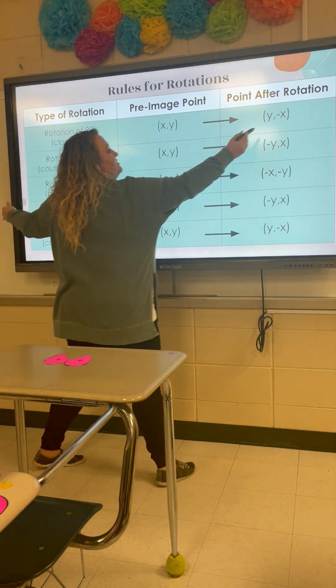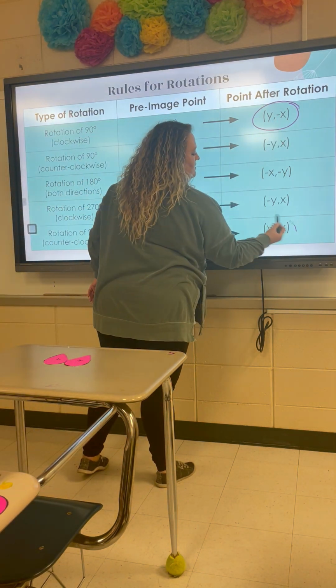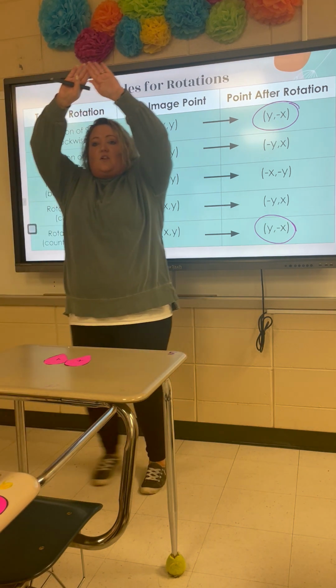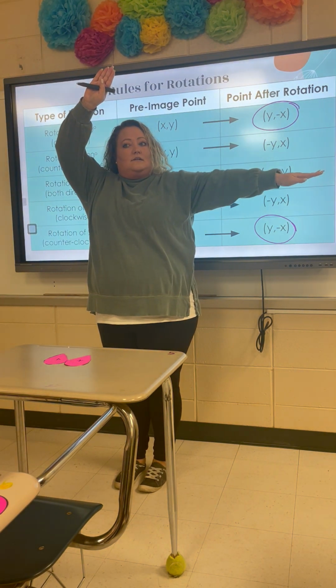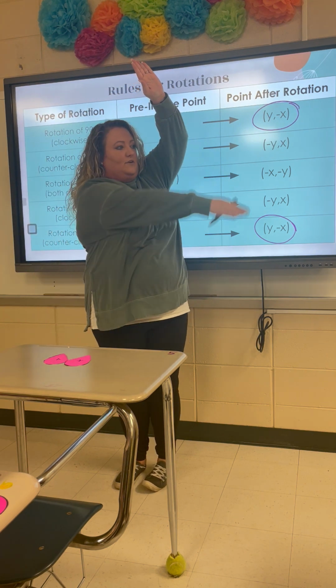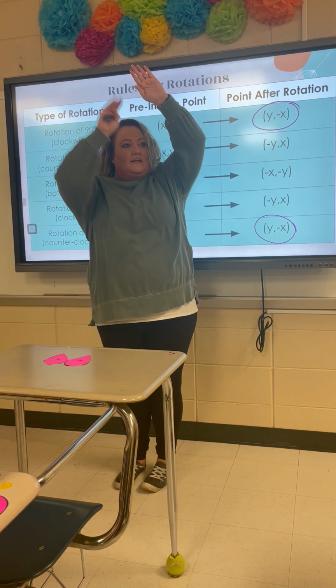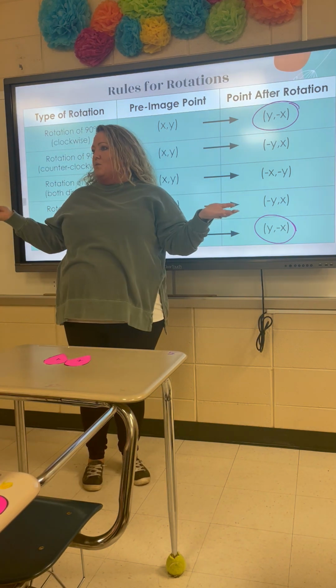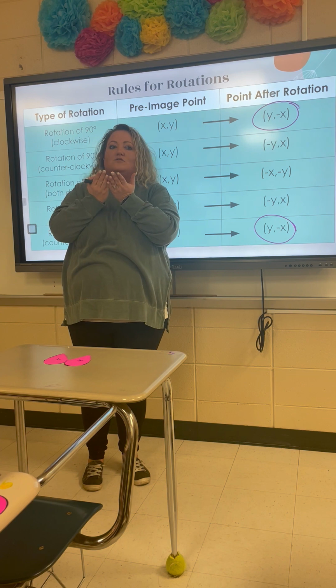Notice that these 2 rules are the same because if you go 90 degrees clockwise, you end up pointing at the 3. If you go 270 degrees counterclockwise, you're still pointing at the 3. Okay? So these 2 rules are the same. That's why there's only one rule, as long as you understand those are the same.